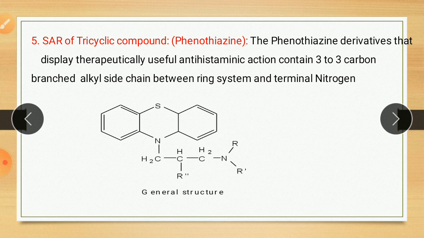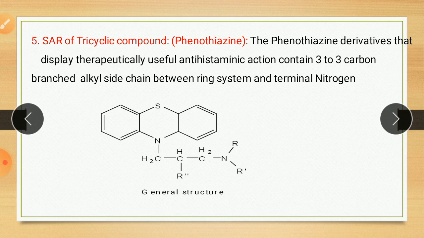The branched alkyl chain contains a chiral carbon, giving rise to optical isomerism. When phenothiazine was discovered, it had only antihistaminic activity. Later it was found that these drugs also have antipsychotic activity.